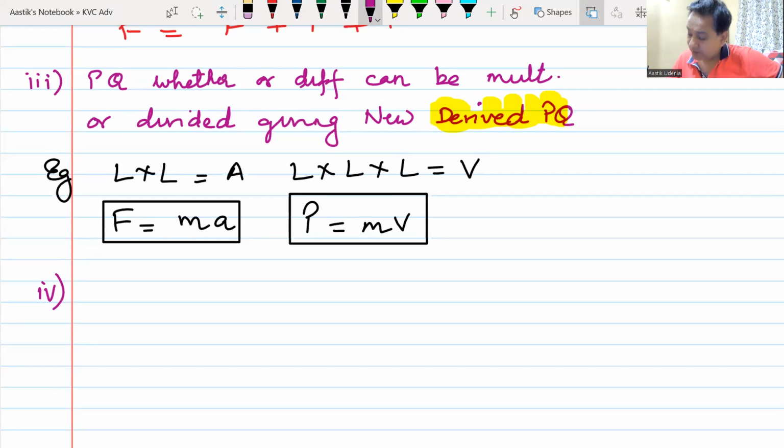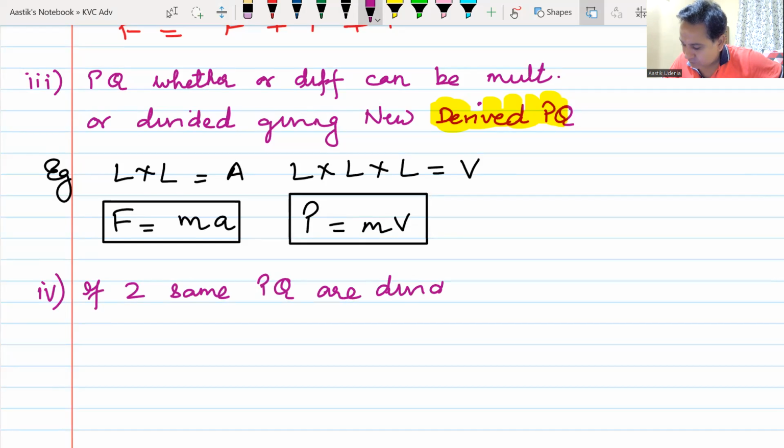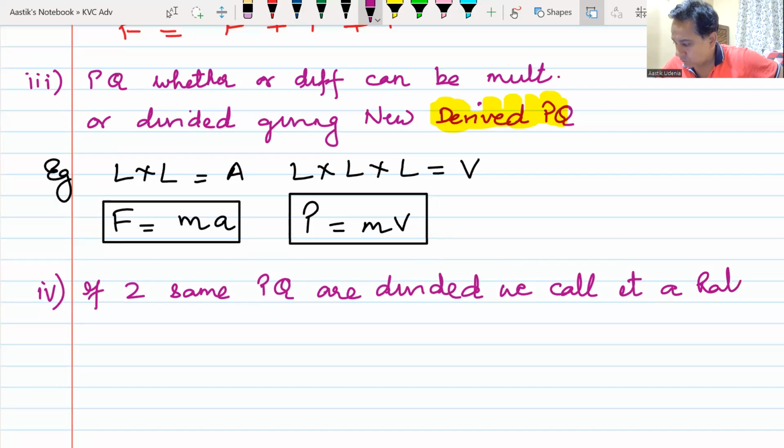Next point. If two same physical quantities are divided, we call it a ratio. Remember what I have written here.